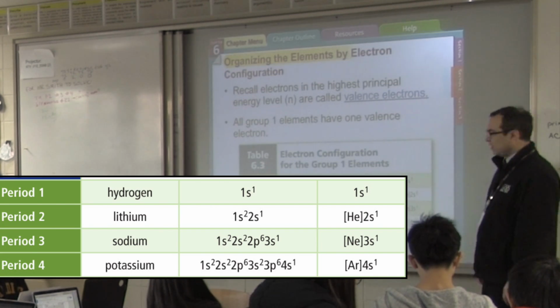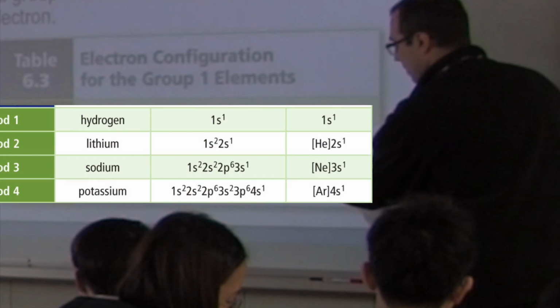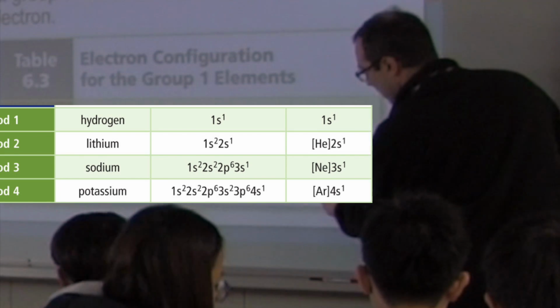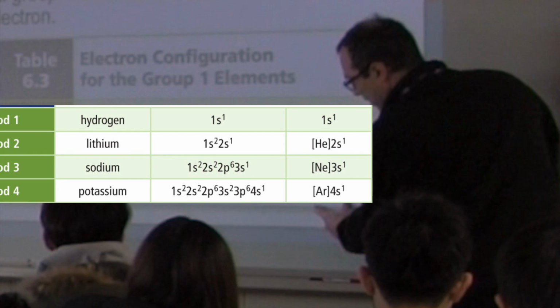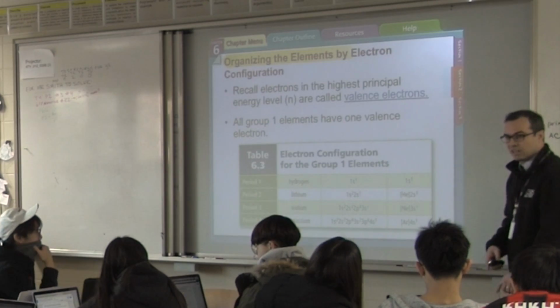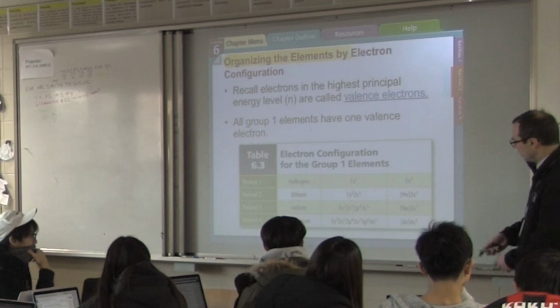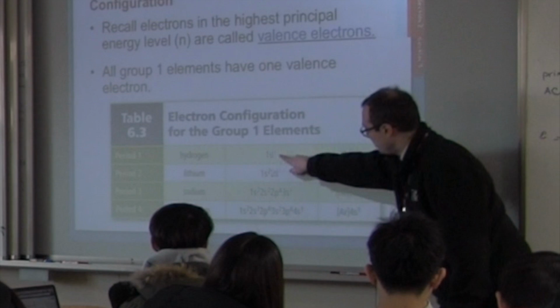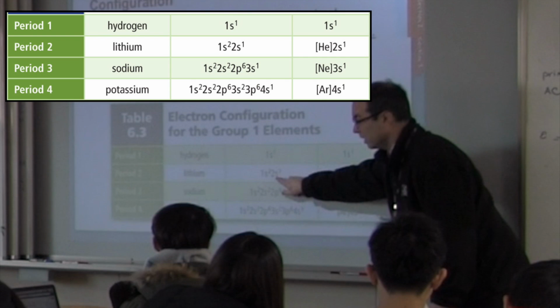But S is the block that it's in. But this is the same as this over here, and this down here is the same as this. And this is the same as this. And I'm going to show you how that's done. In other words, writing this is a little bit easier. You'll notice that the 1s1 appears here at the very end, and the 2s1 appears here at the very end.